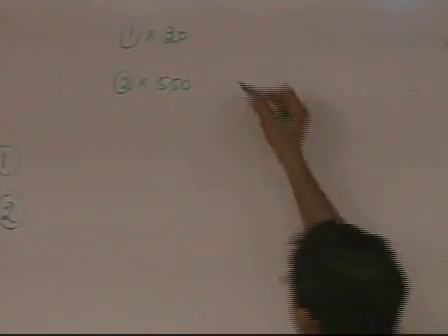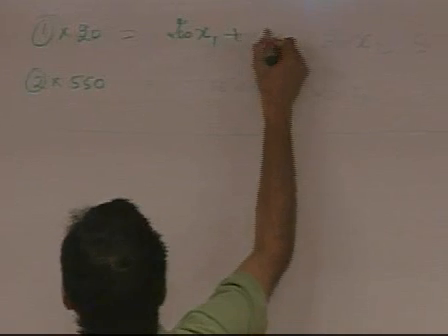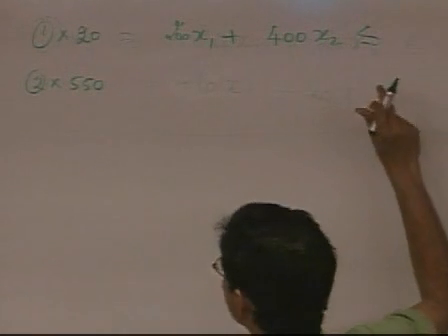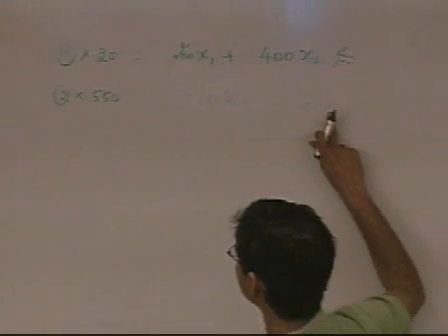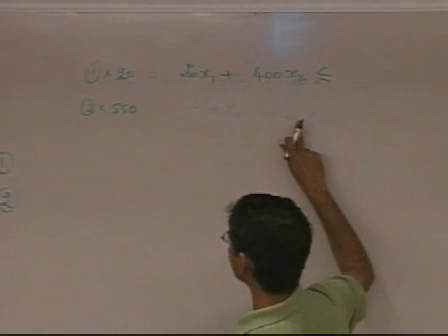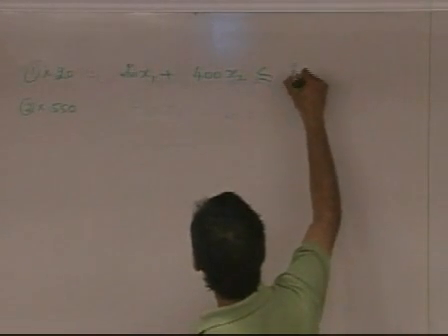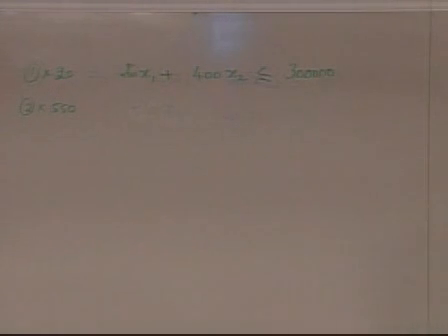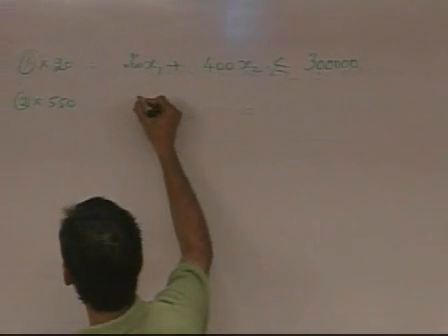So when I do this, I get 200x1 plus 400x2 is at most, okay, and when I do this, I get 6 times 550 is 3,000.